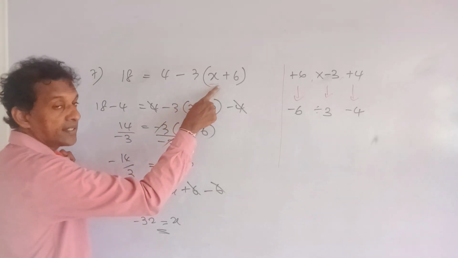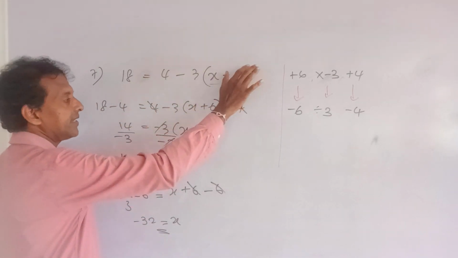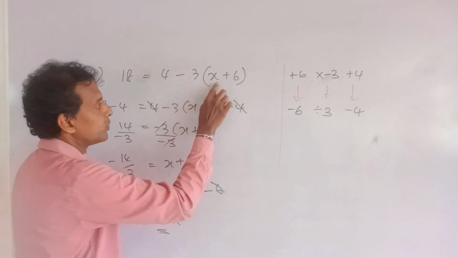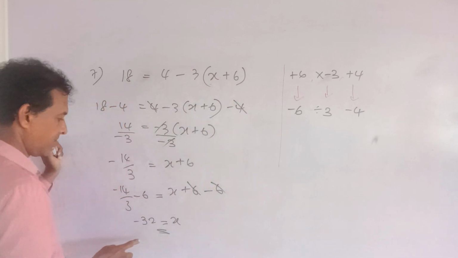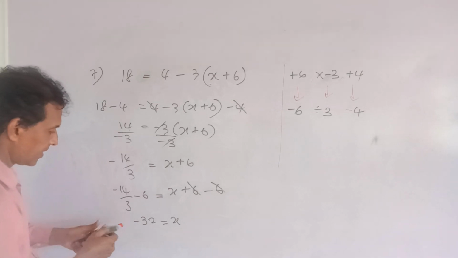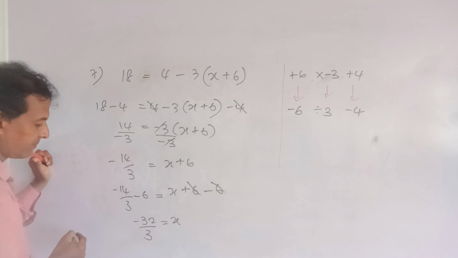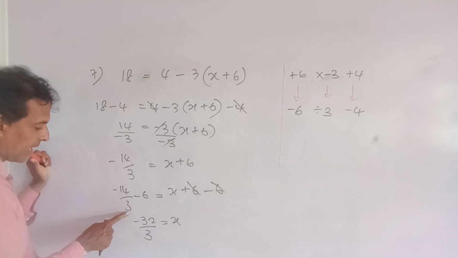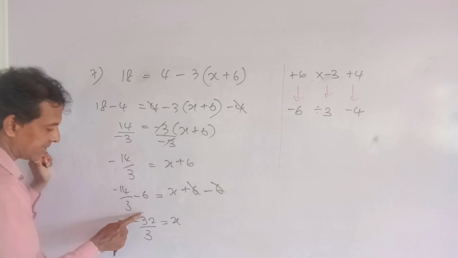You can substitute here and make sure the answer on the left hand side is 18. Let's see. Minus 32 plus 6 is minus 30 divided by 3, sorry, I forgot the denominator. You multiply by 3, and minus 18 minus 14 is minus 32.